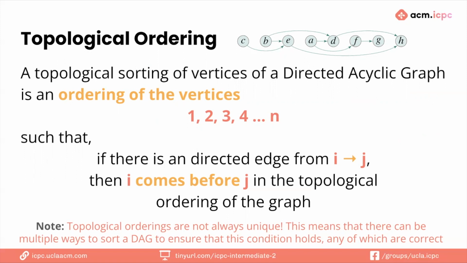Okay, so can someone tell me why we define topological sorting for a directed acyclic graph? Why can't we just define it for graphs in general? Is there something special about that type of graph that allows us to do the sorting, to lay out the vertices in one certain way? Well, no worries.